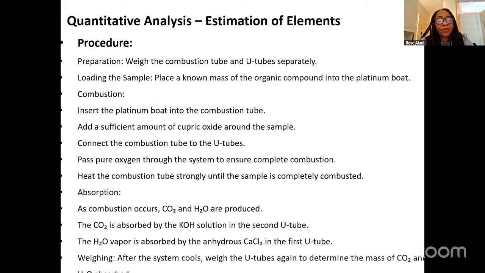As the combustion occurs, carbon dioxide and water are formed. The carbon dioxide is absorbed by the potassium hydroxide in the second tube, while the water is absorbed by the anhydrous calcium chloride in the first tube. Then let it cool, weigh the tubes, and determine the mass of the carbon dioxide and the mass of the water.